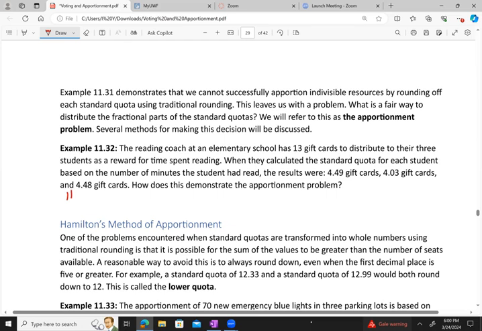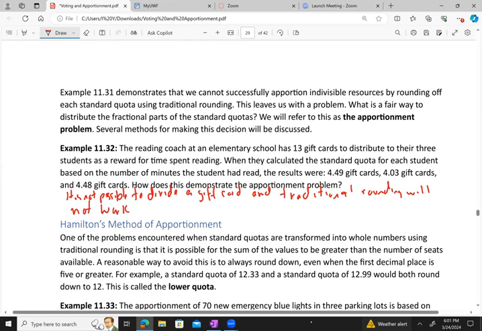So since it is not possible to divide a gift card, traditional rounding will not work.